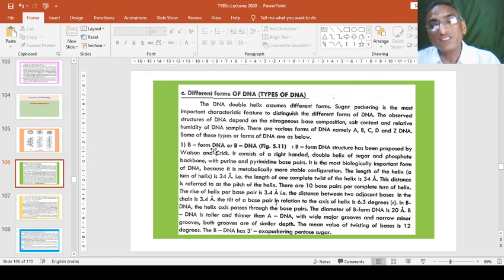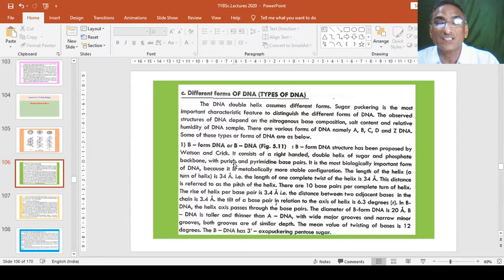Some of these forms of DNA are discussed here in detail, for example the B form of DNA or bDNA, because the standard form of DNA is nothing but the B form, and it was proposed by Watson and Crick, the two Nobel laureates.